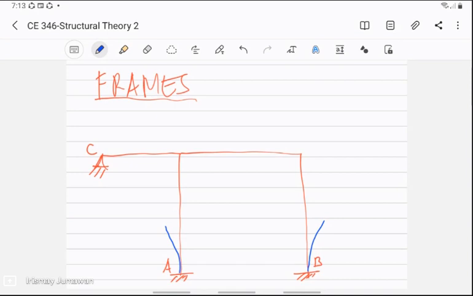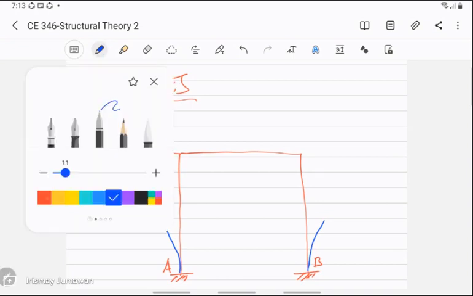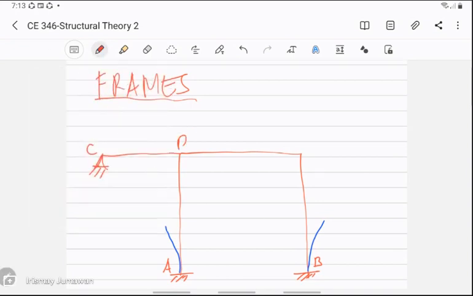As for joints D and E, they can rotate, but they cannot translate because of this member.